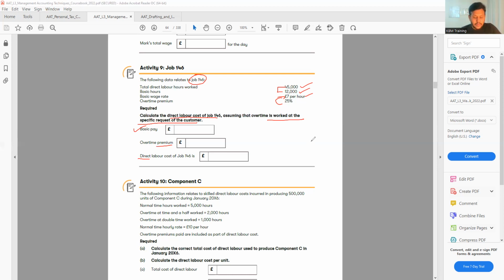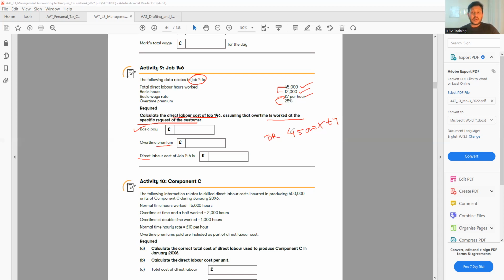So let's see how we calculate the basic pay. I can see everyone has 315. So let's see how we calculate the 315. Total working is 45,000 hours, and for 1 hour, the basic rate is 7. So I'll get this basic rate anyway. Remember that.